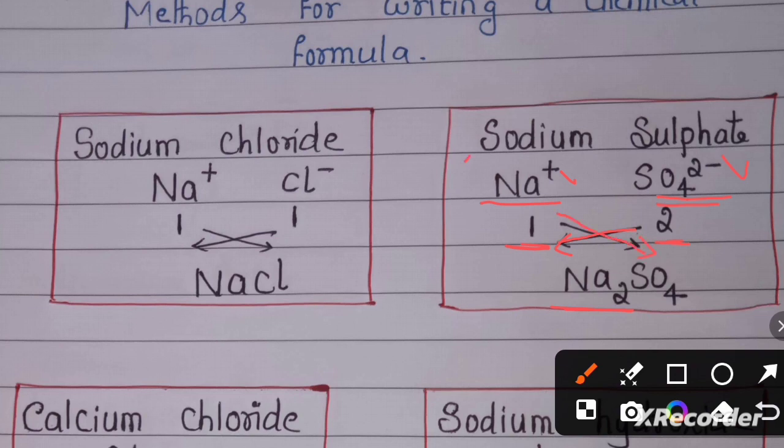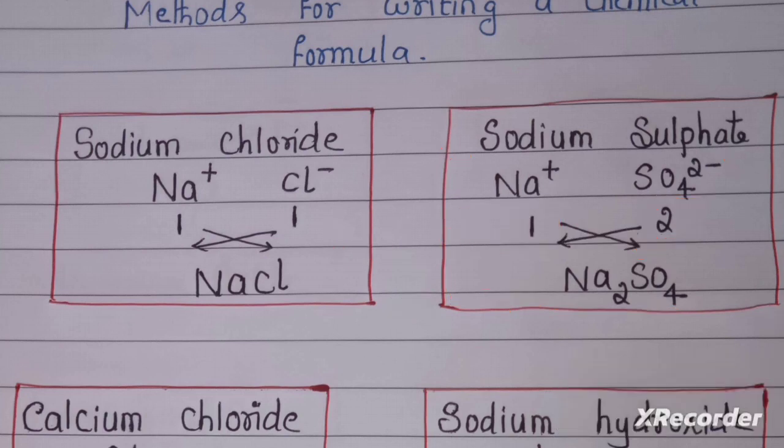For sodium sulfate, you write sodium and sulfate SO4, transfer the valency of sulfate to sodium and the valency of sodium to sulfate. So for 1 sulfate, you don't write the 1, as that makes the same.